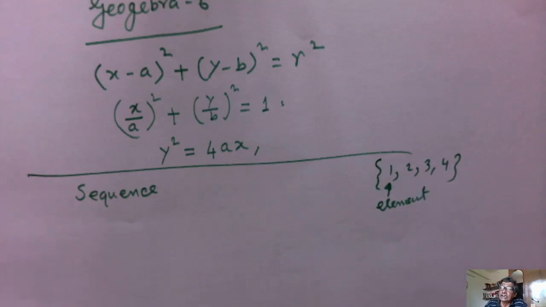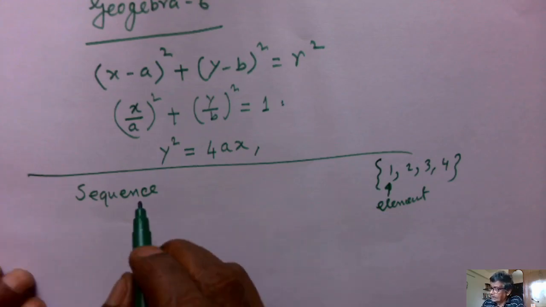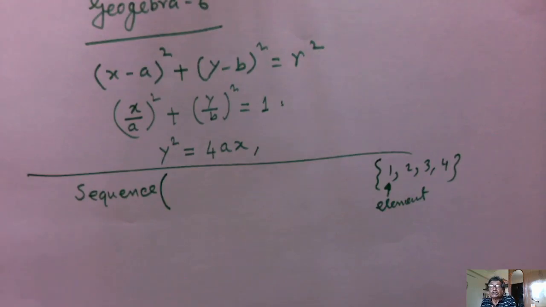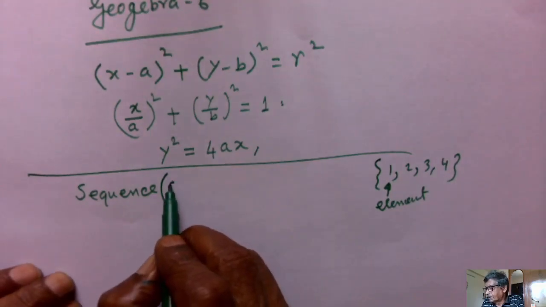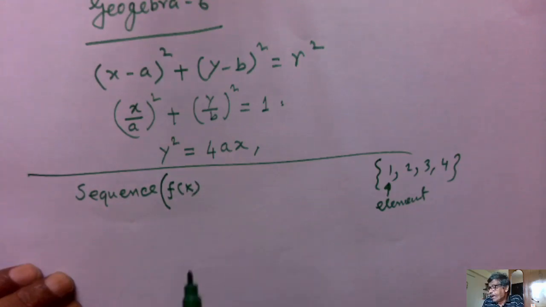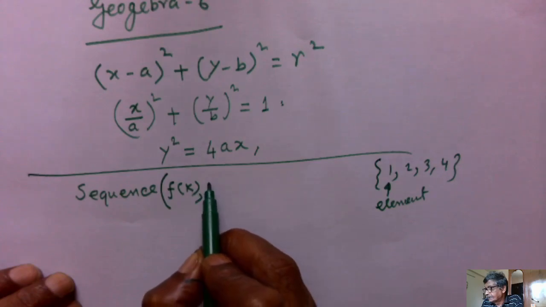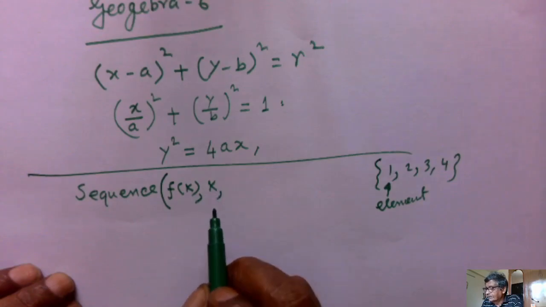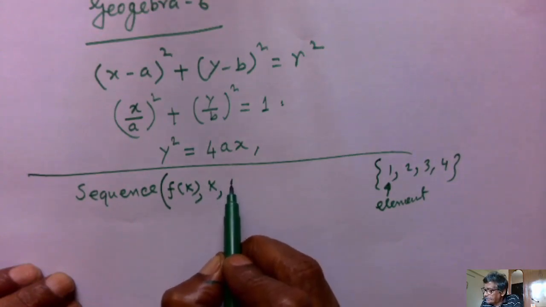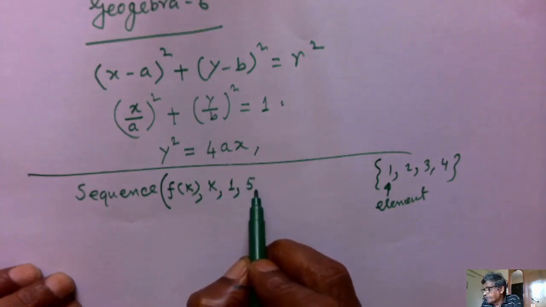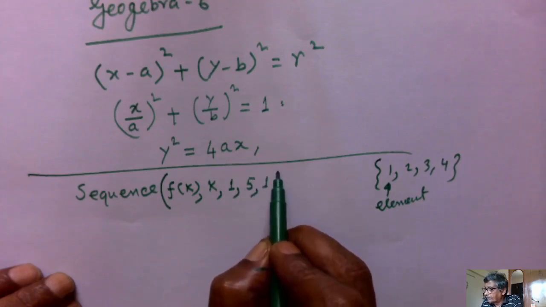Okay, now how to create a sequence? One way of creating an ordered sequence, a disciplined sequence, is to, for example, take any function f(k). Follow me carefully, f(k), and then you say that the variable of this function is k, comma, and vary k starting from 1 to say 5 with an increment of 1.